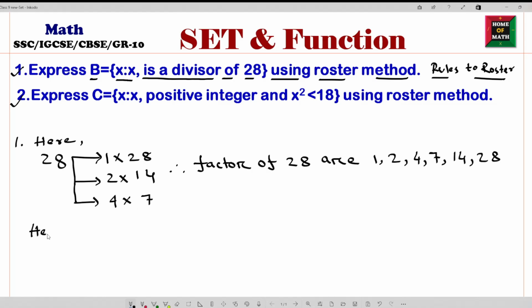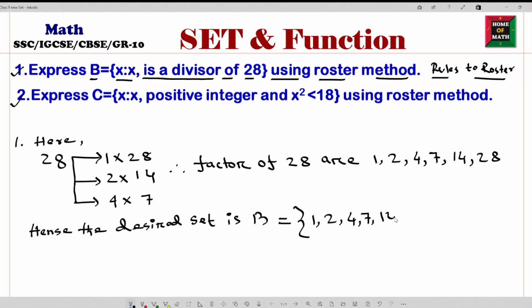Hence, the desired set is B equals {1, 2, 4, 7, 14, 28}, and this is the roster method. It was the set builder method, and this is the roster method. Okay, so number 1 is done.